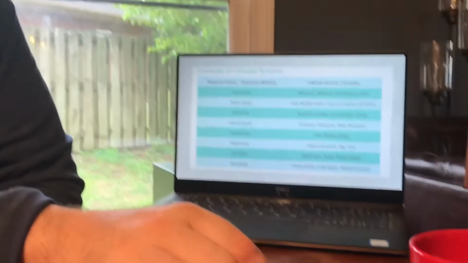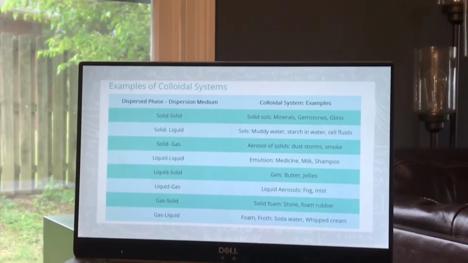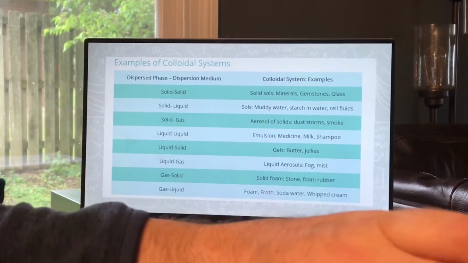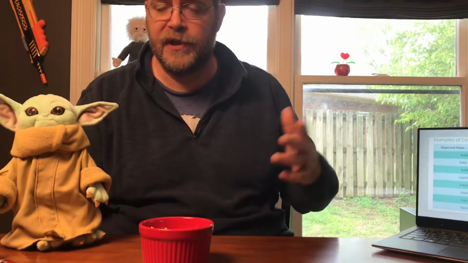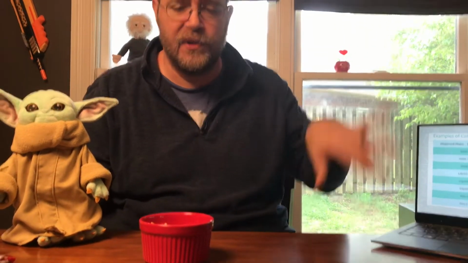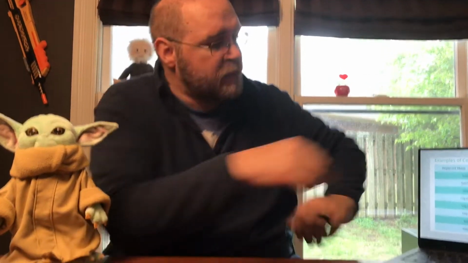All right, here are some examples of colloids. And colloids don't have to be solids mixed together. They don't have to be gases mixed together or liquids mixed together. They actually can be a whole lot of different things together. For example, gemstones.